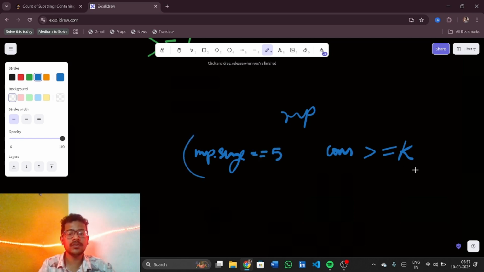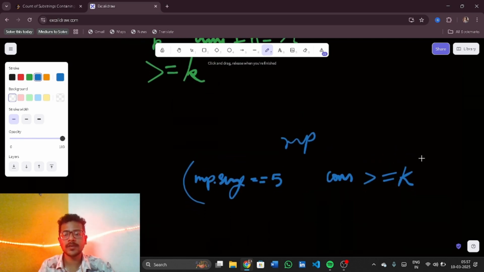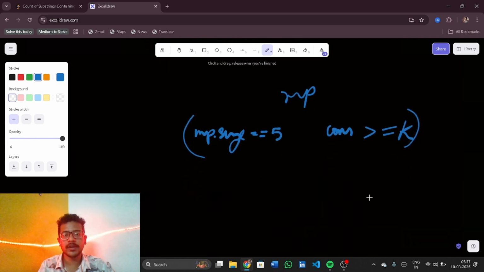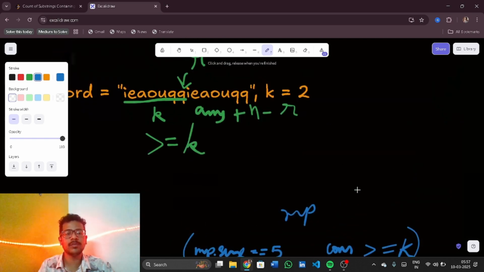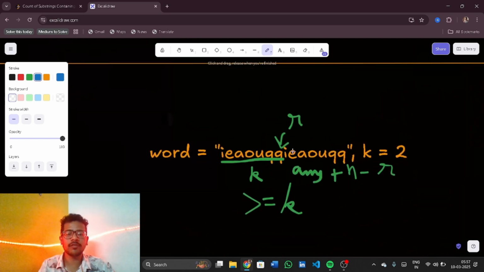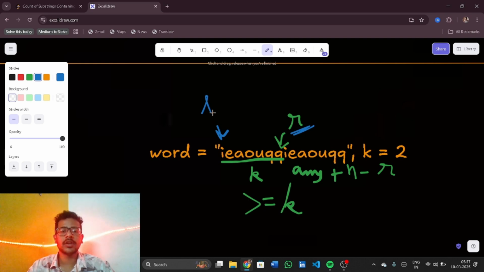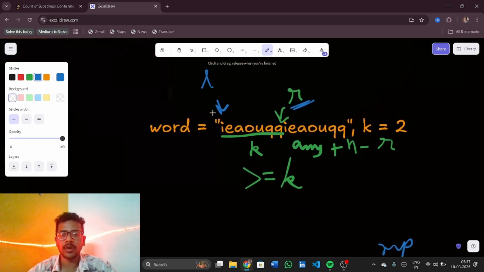Now, let us see why I am writing this initially. mp.size is equal to 5 and consonant count is greater than or equal to K. So, I will increment my answer by n minus r. This will be a sliding window approach where r is the rightmost pointer and L is the leftmost pointer. So, I think you are clear up to now.